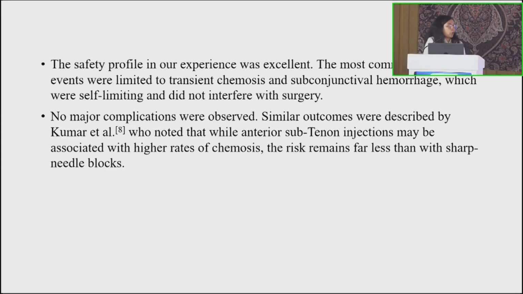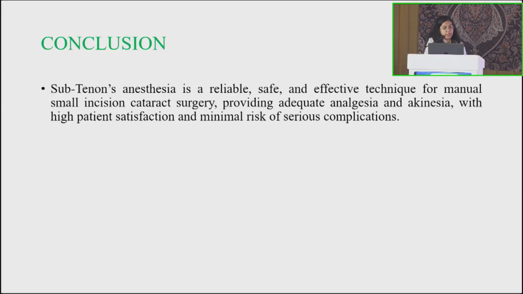The safety profile overall is good. The most common adverse events were limited to transient chemosis and subconjunctival hemorrhage, which were self-limiting and did not interfere with surgery. No major complication was observed. Similar outcomes were described by Kumar et al., who noted that while anterior subtenon injection may be associated with higher risk of chemosis, this remains far less than with sharp needle block.